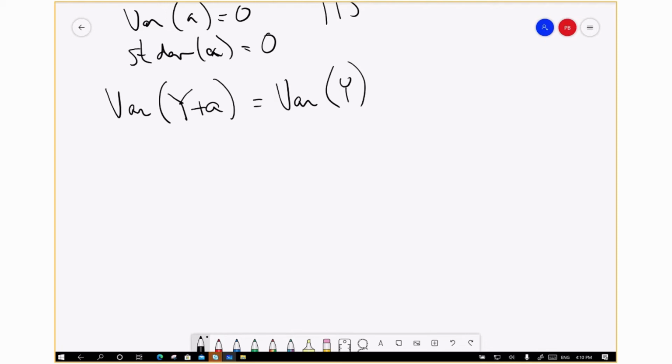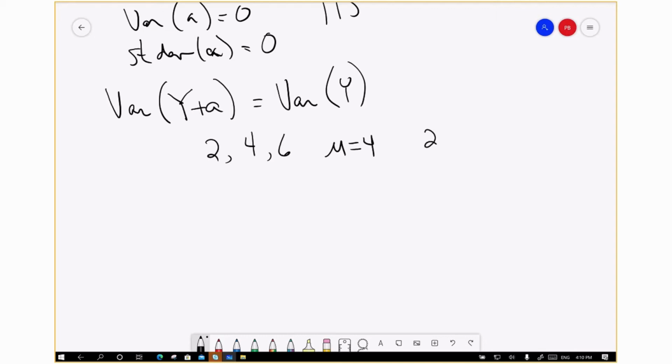And let's just think of a very simple example that shows this. Let's say our original numbers were the values 2, 4, and 6. So that's a population. What's the variance of those three numbers? Well, the mu is going to be equal to 4. So if we think of what variance is, it's the mean of the squared deviations. So what's the mean of the squared deviations going to be?